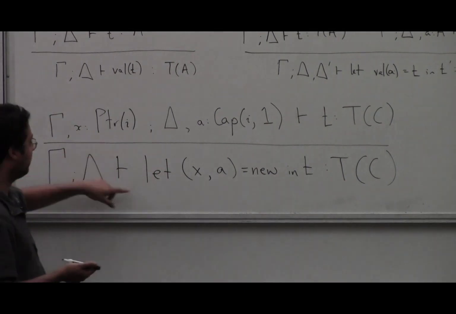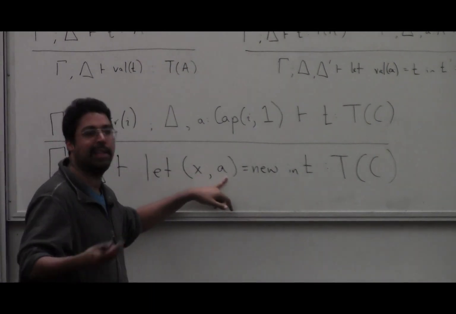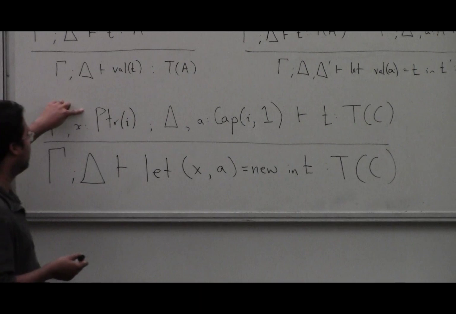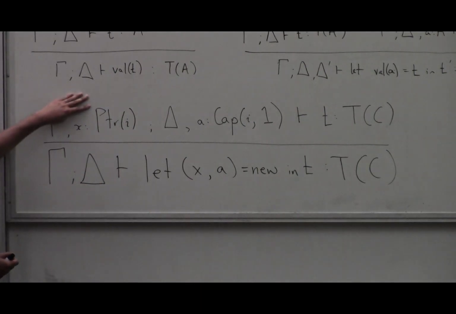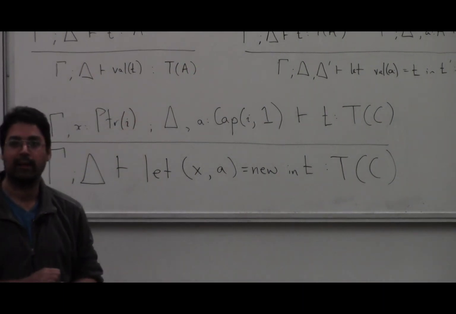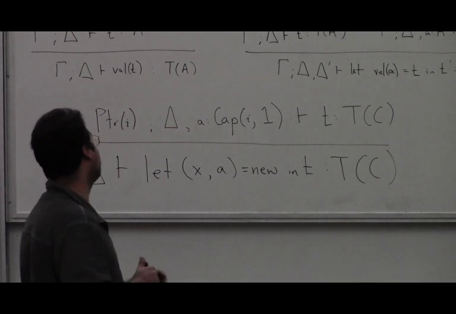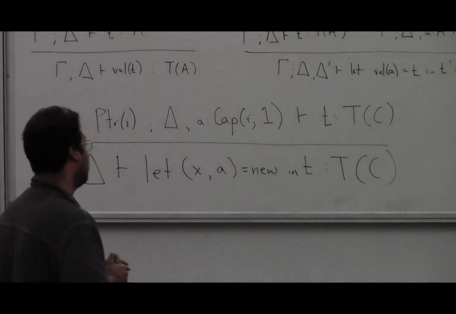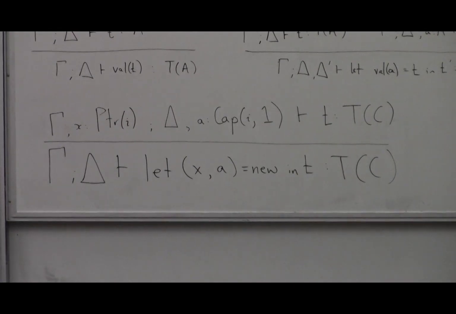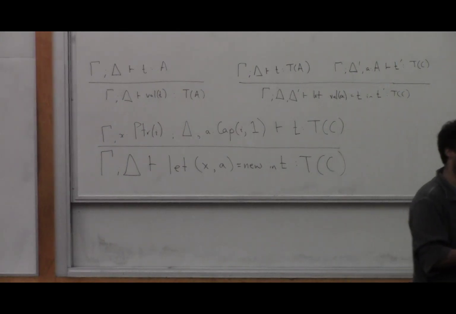I'll bind the newly allocated pointer to X and the capability that's just been allocated to A. And so in the typing of T, we add X, which is a pointer, to our intuitionistic context, and we add A, which is a capability, to our linear context. The trick is that now the tensor product doesn't occur in the rule at all, and so it won't interfere with any of the normalization properties, any of the normalization theorem for tensors.